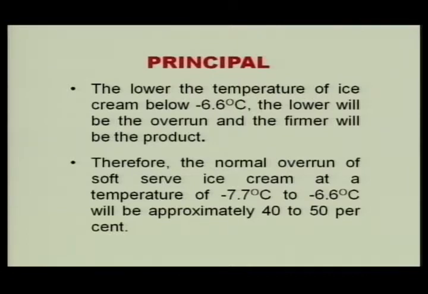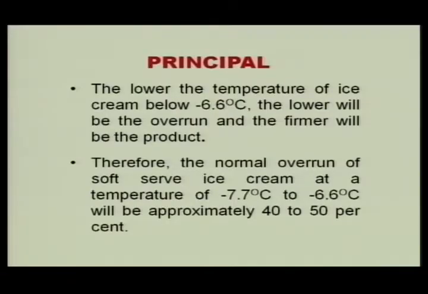So, we have to draw the ice cream normally in this range, and therefore the drawing temperature at the outlet should be -7.7 to -6.6 degrees centigrade, and the overrun of the soft ice cream will be around 40 to 50%.